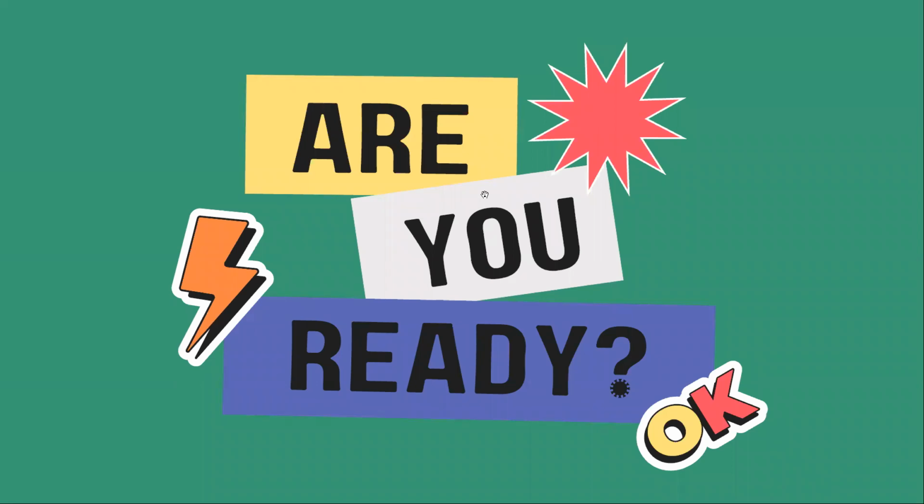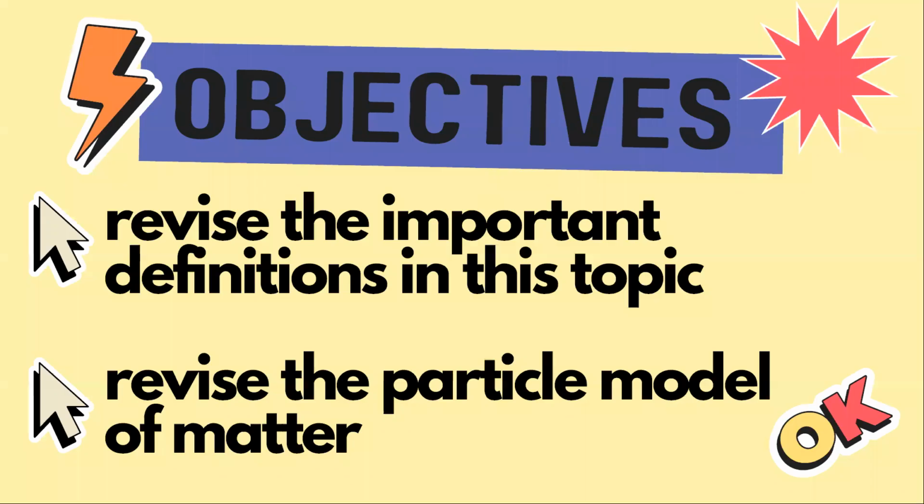Are you ready, my Year 4 students? Great. Before we begin, let's go through the objectives first and see what we have in store. What is the goal we want to reach by the end of today's session? Number one, I want to be able to revise the important definitions. What are definitions, teacher?